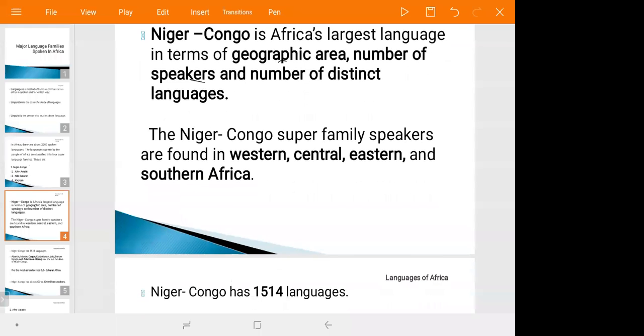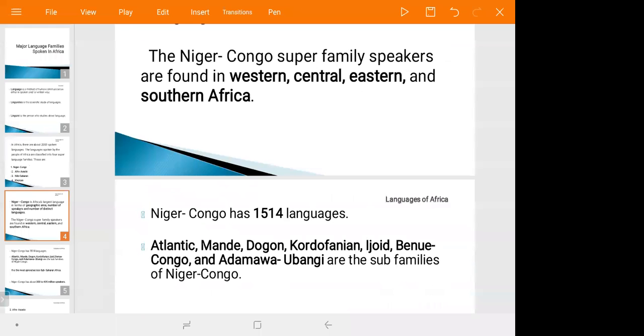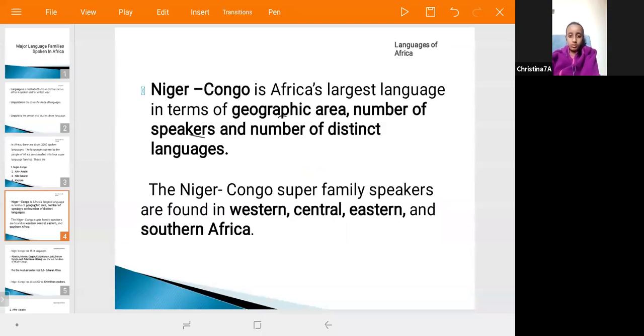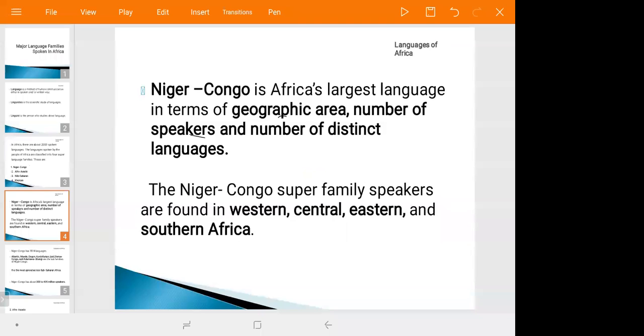And Niger-Congo speakers are found in most parts of West Africa, like Ghana, Nigeria, Benin, and so on, and Central Africa like Chad, then Eastern Africa, countries like Ethiopia, Tanzania, Kenya, and so on, and Southern Africa.